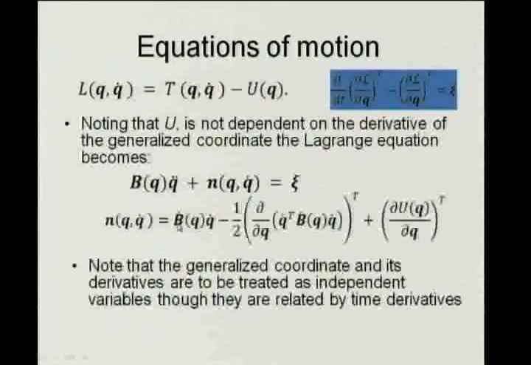Now B consists only of q, it does not have q dot terms in it. It is only dependent on the positions. So the derivative of B with respect to q dot will give you nothing. However, when you take the derivative of the q dot in the front and the back, one of them will give you back 1 and the other one you still remain with q dot.